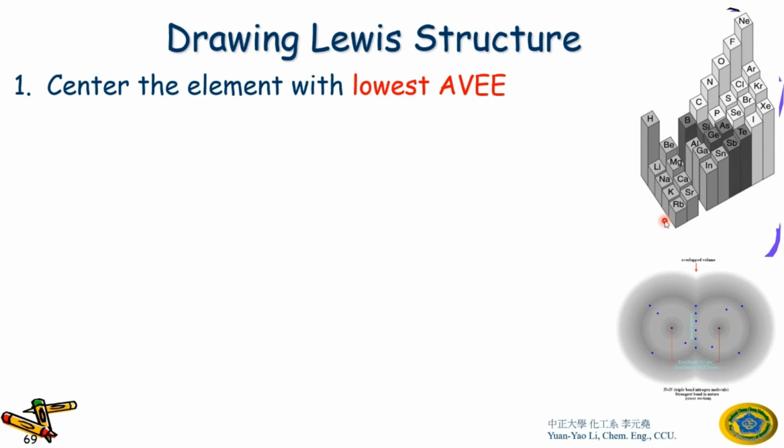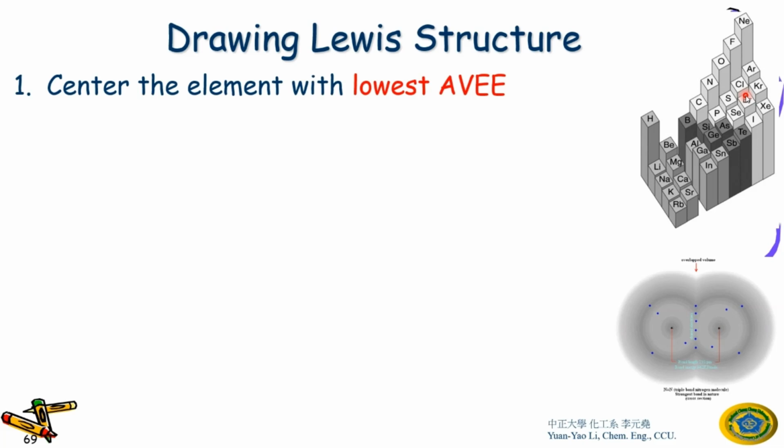Metals prefer to release electrons, so the AVE is relatively low, less than 11 electron volts. And for non-metals, the AVE is high, more than 13 electron volts.